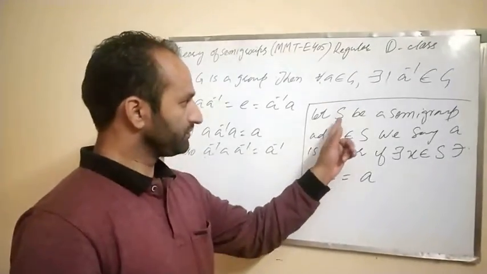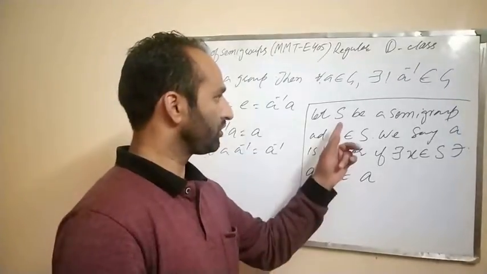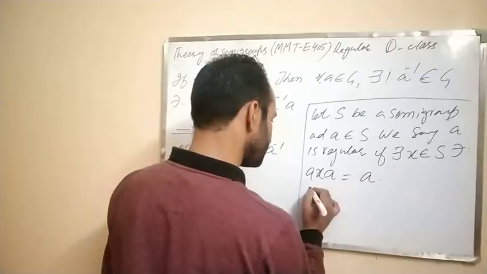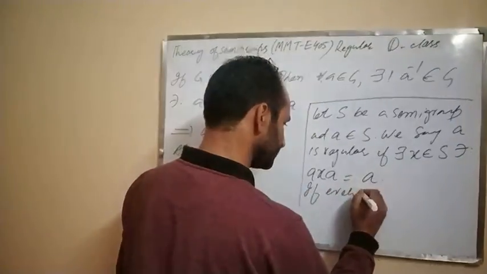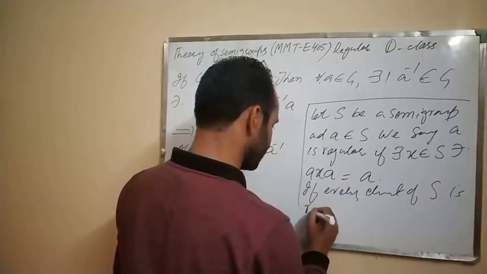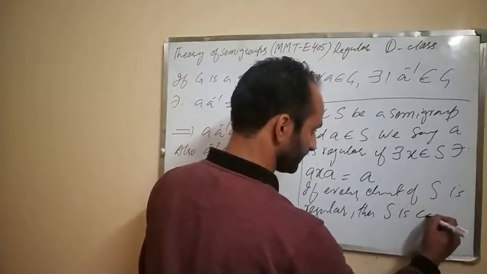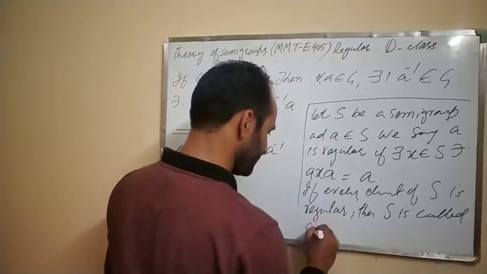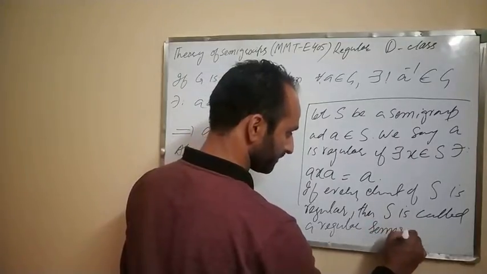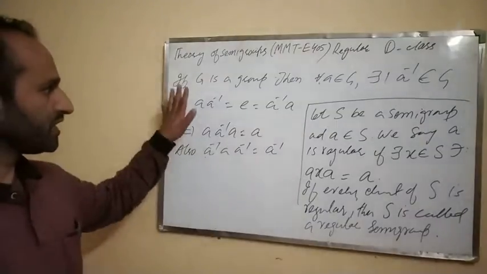And if every element of S is regular, then we call the semigroup S a regular semigroup. In case of groups, every element is regular.